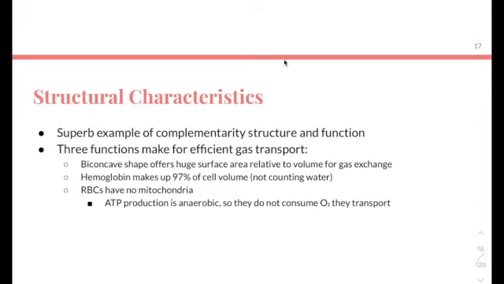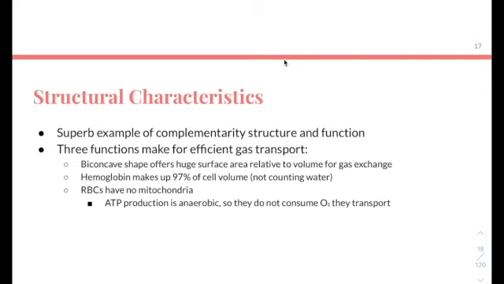They have a larger surface area to carry more gas, more oxygen, more carbon dioxide. They're mostly made up of hemoglobin. There's really not much water in a red blood cell. They just float through a more watery type substance.